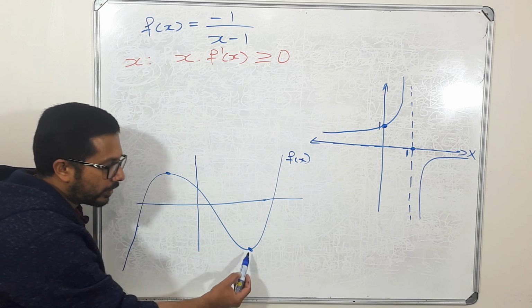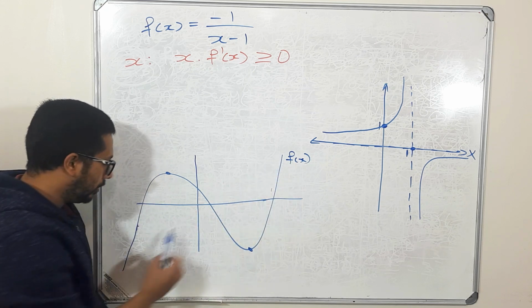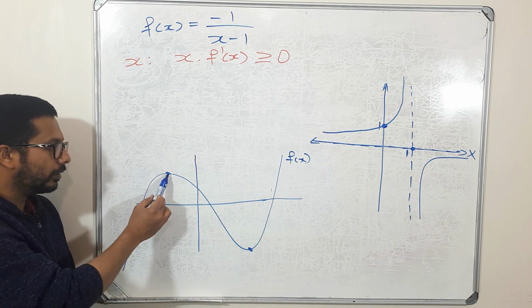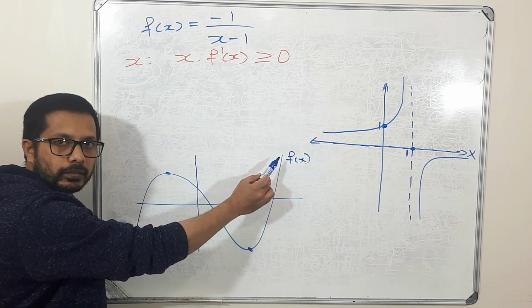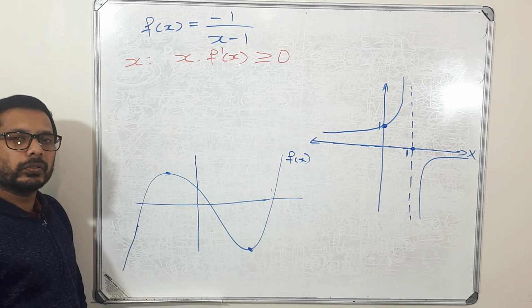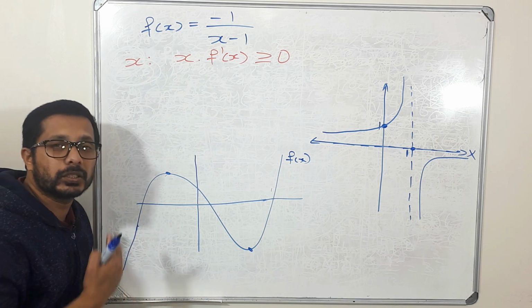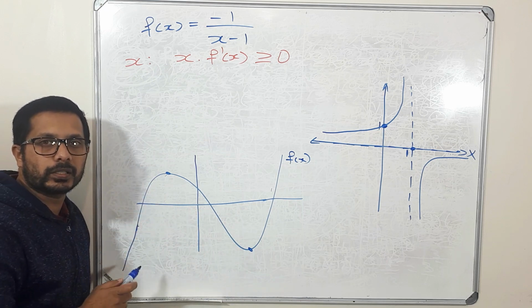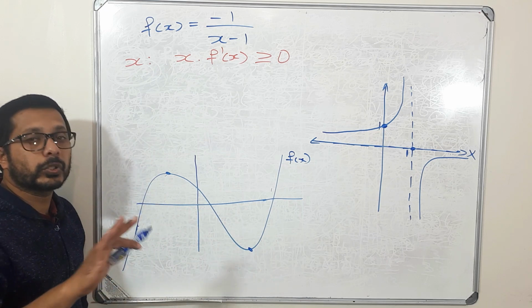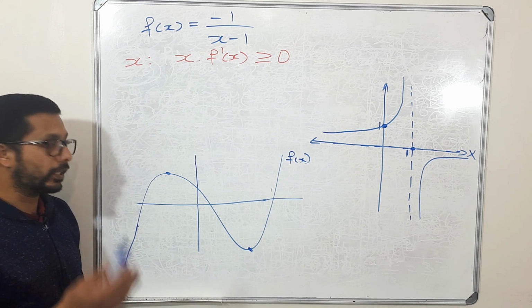Then after that turning point the graph is again increasing. So increasing, decreasing, again increasing. I'm not going to explain much more detail on this one. You can watch my calculus section on the cubic graph, and you will get a better understanding of this one.